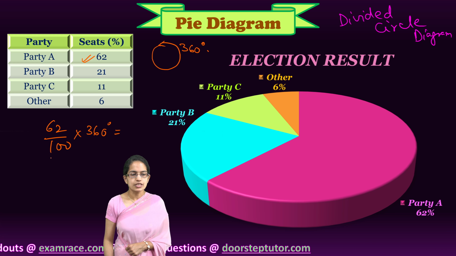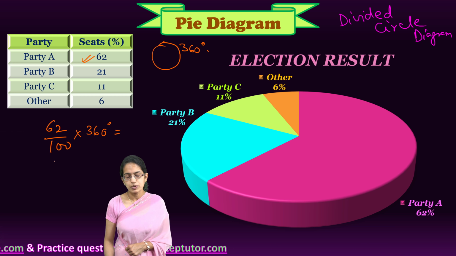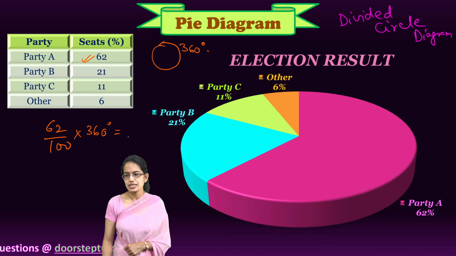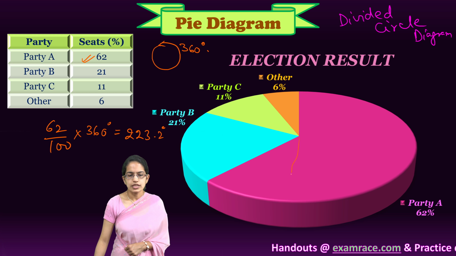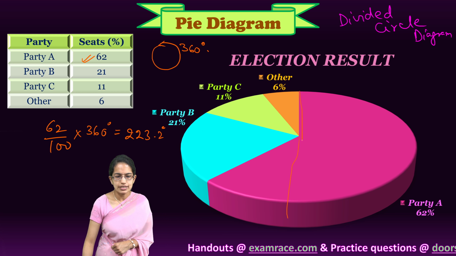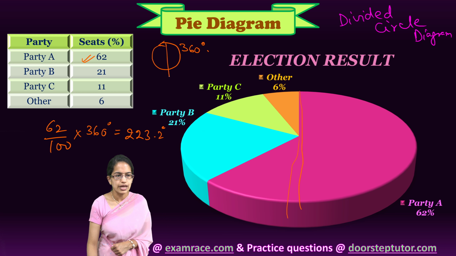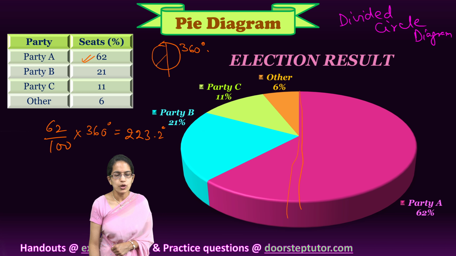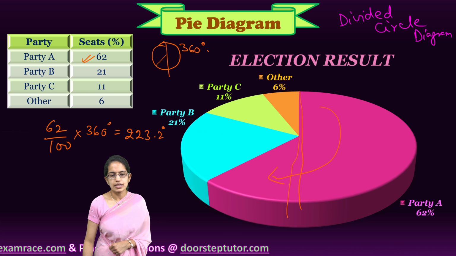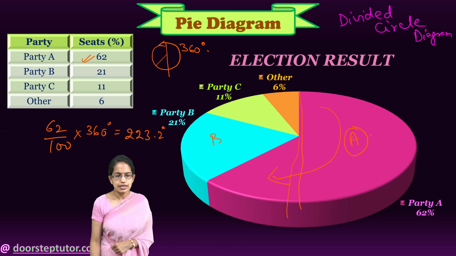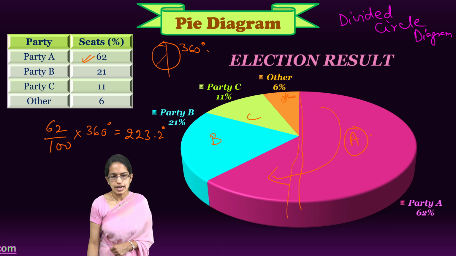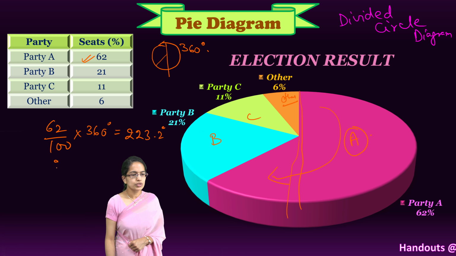It would be 62 divided by 100, since it's a percentage, multiplied by 360 degrees, and it gives me around 223.2 degrees, and that is what I plot. So if I divide this whole circle exactly into half, that is 180, I need to go beyond 180. So this whole pink region would be the region of party A, and then you would have party B, C and others, and for each of those I find out the ratio.